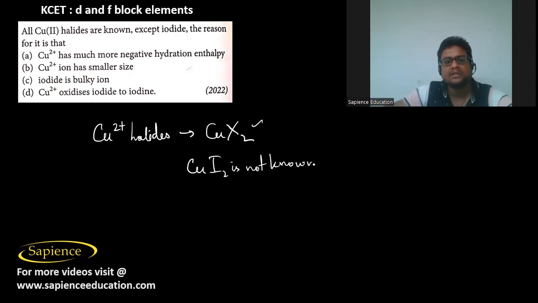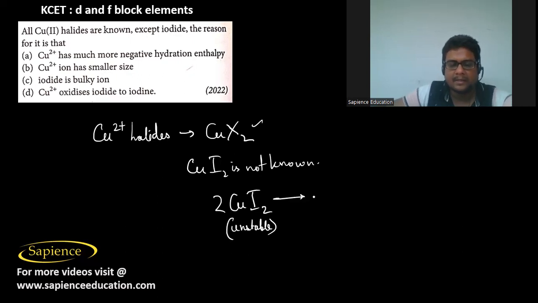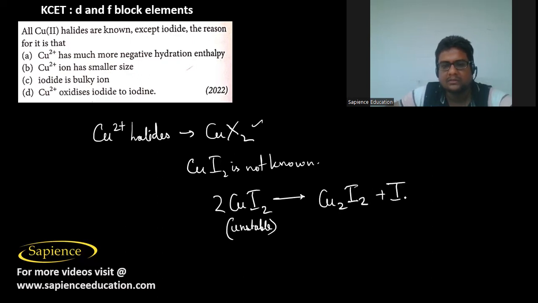The reason is that when cupric iodide is formed, it is highly unstable, so it can easily decompose into cuprous iodide Cu2I2 and I2.